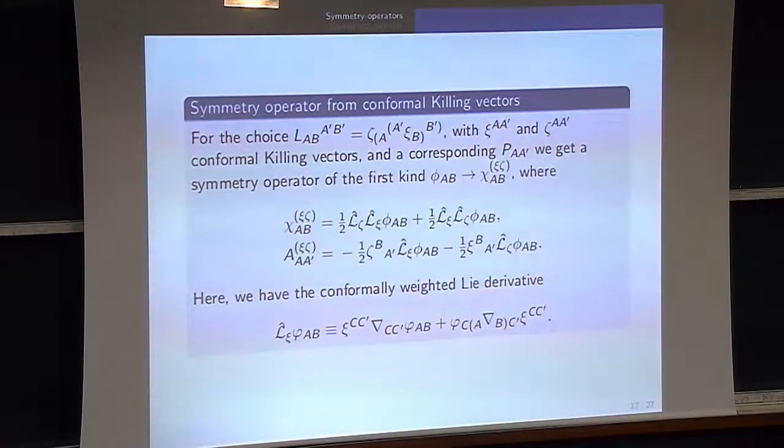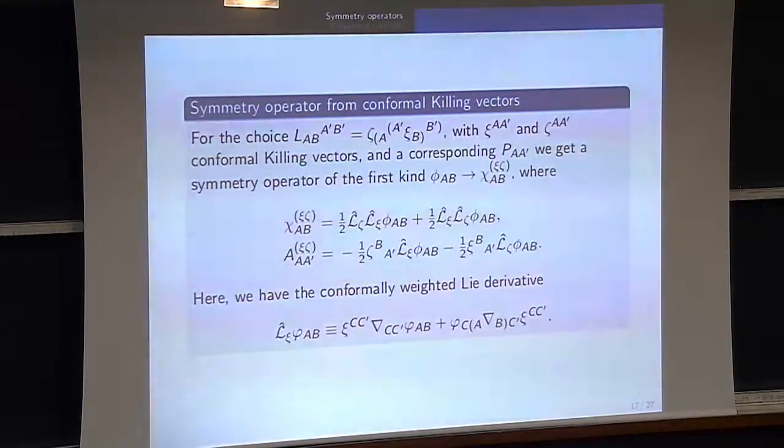Now, what does this operator look like if we just take a product of conformal killing vectors? Well, then it becomes quite a simple thing. We just take Lie derivatives, actually a conformally weighted Lie derivative here, which is defined in this way for this spin.